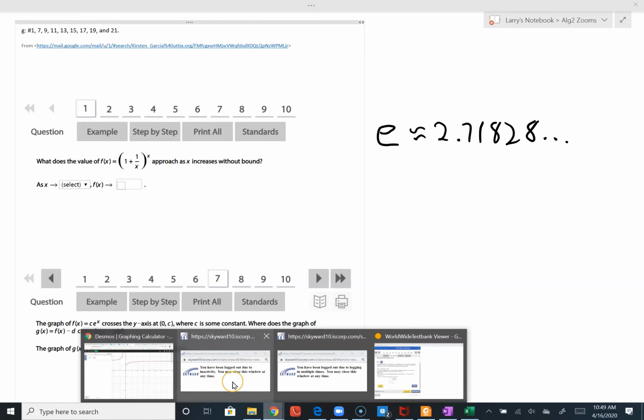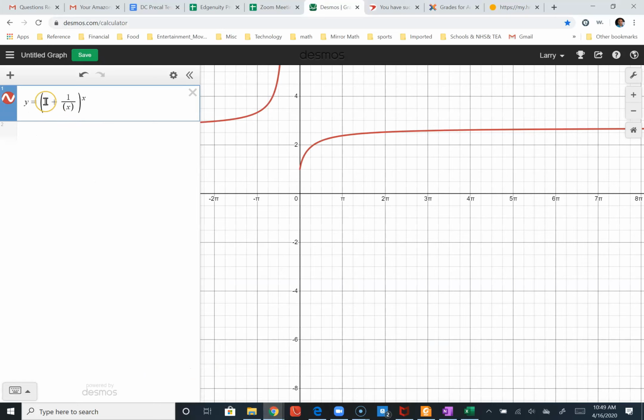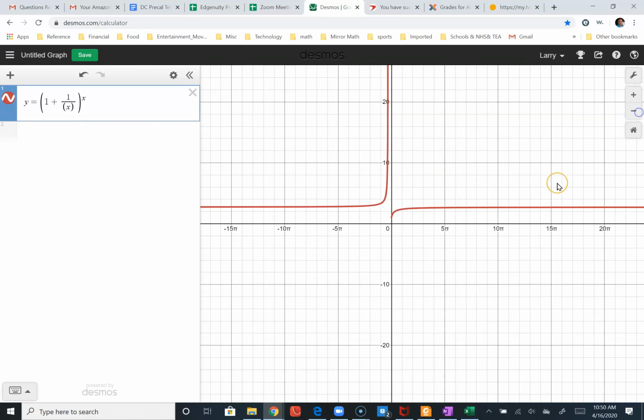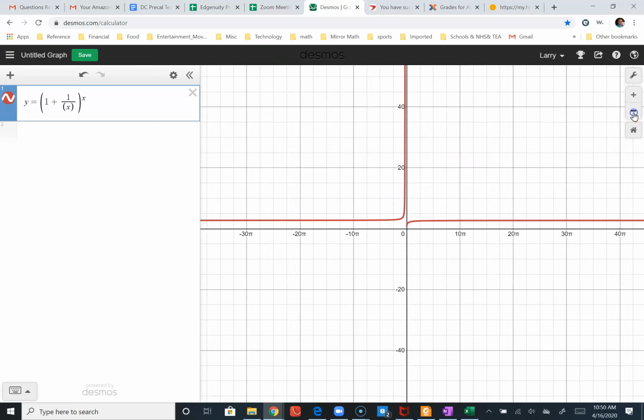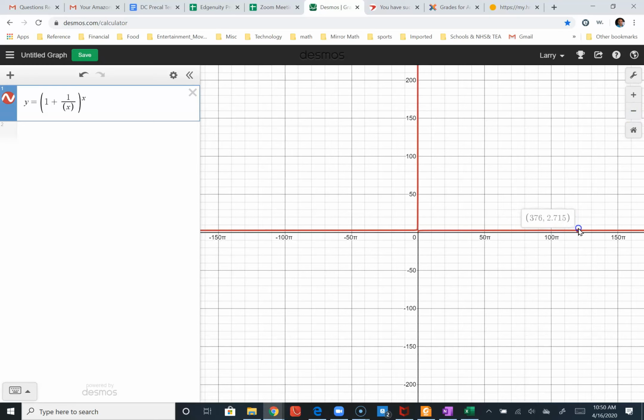So let's look at Desmos and we'll see that. Here's the function (1 plus 1 over x) to the x power. I'm looking at just the positive end. You can see it flattens out. It's asymptotic, we say, and you're going to see that the y values are getting closer and closer to that 2.71 number. If I zoom out, you could see even further, 2.715, and so forth.